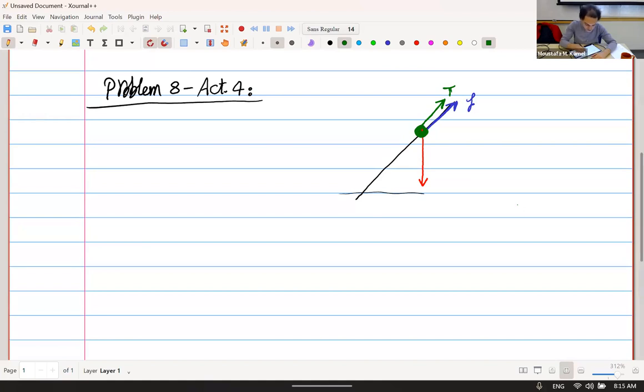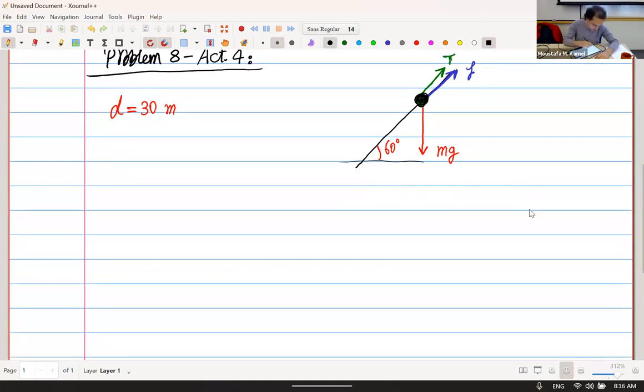Okay, and this is the guy here. This is gravity, which is Fg or mg. We have this angle here as 60 degrees. And the guy goes for a distance equal 30 meters, down the ramp.